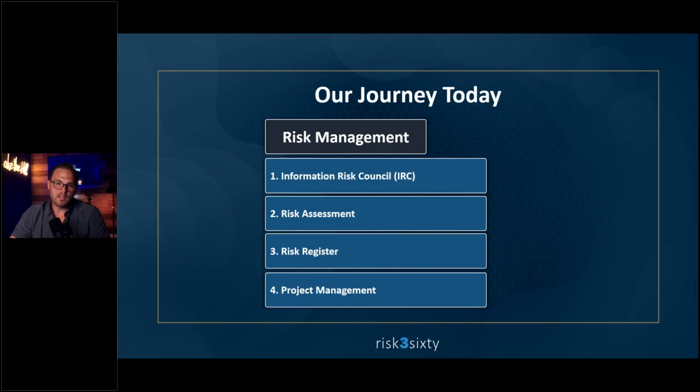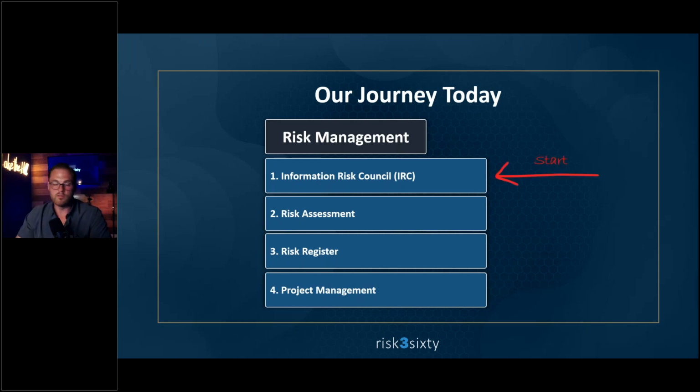I'll talk about tracking risk and a risk register so you can actually prioritize, risk rank, do risk analysis. I'll show you an example. And then we're going to talk about project management of those risks. So once you identify risk, how do you actually do something about them to reduce risk so they're not just ethereal? Great, you've identified a risk. Now let's go do something about them and drive organizational change. So there's some lofty goals for today, but that's where we're going.